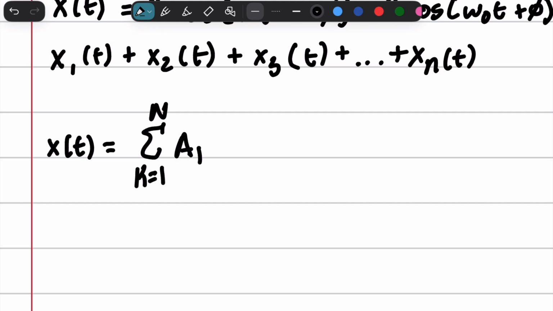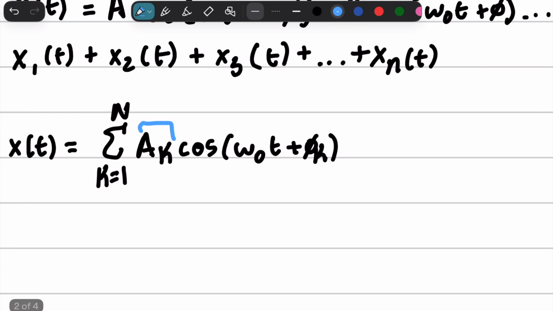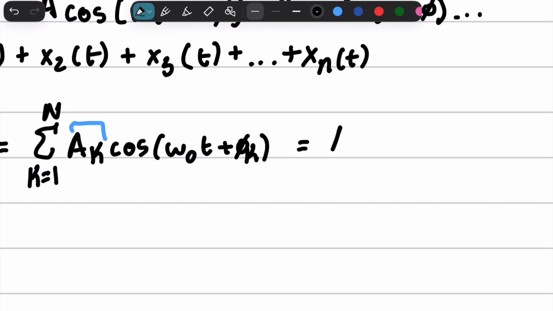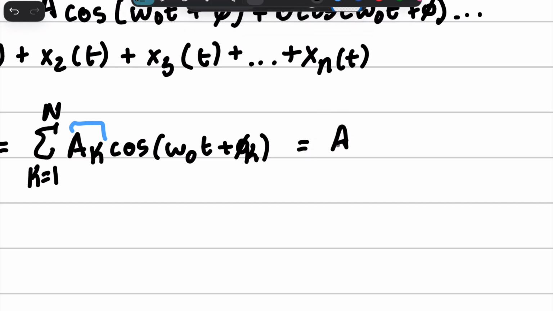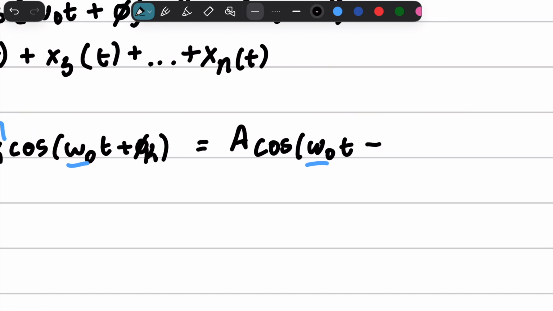Basically, it's the sum of all of those cosines with some arbitrary constant a sub k, so a sub 1, a sub 2, a sub 3, equals just some arbitrary amplitude a times cosine, that same frequency, and this is important, I'll explain it in a minute, plus some arbitrary phi.